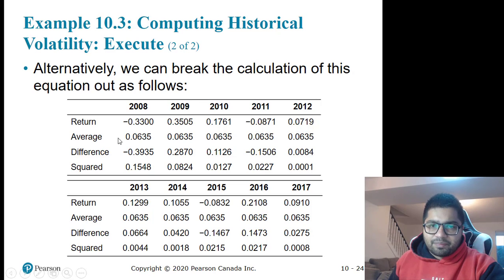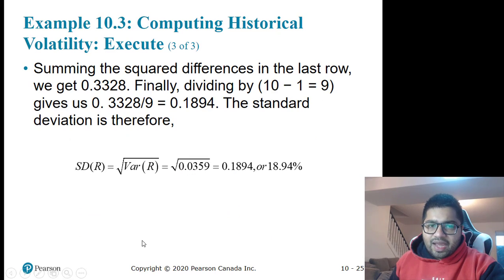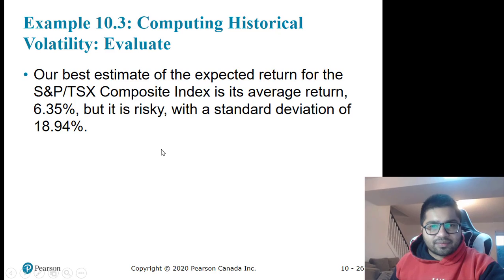Returns are this, mean was this one, difference is this, we square it up. We add all those squared deviations, divide by n minus 1, n was 10, minus 1, 9, and we take the square root of it to find standard deviation. The answer should be almost 18.94%.